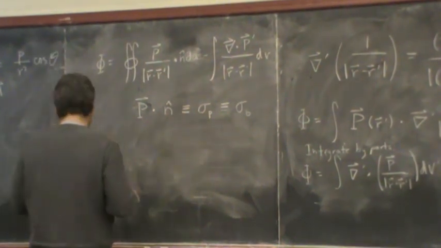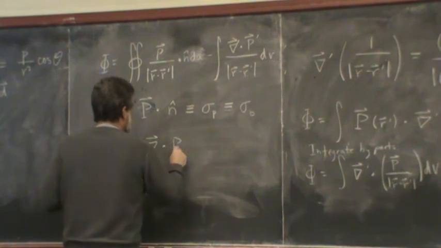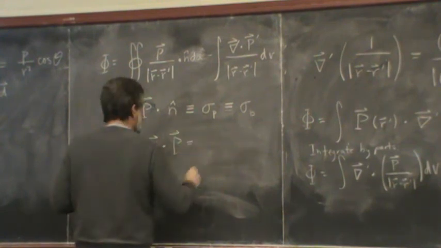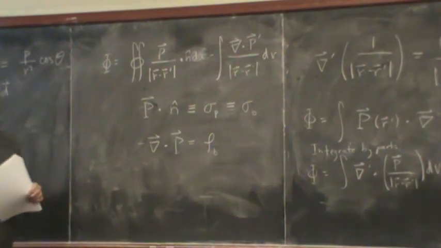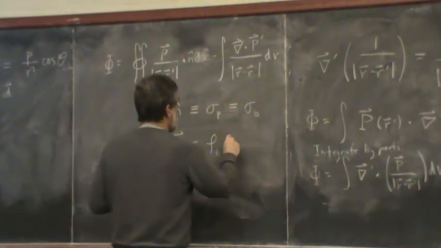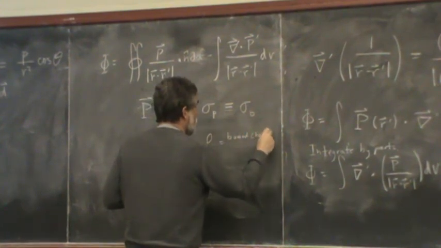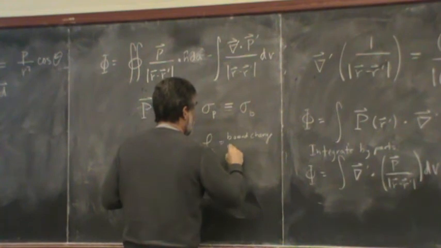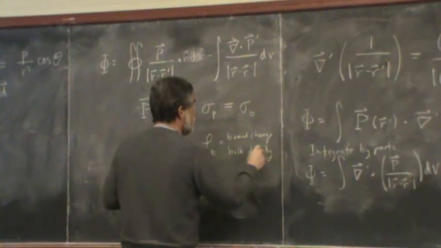And then I'll define the bound charge density, and this is why I didn't like using sub b.